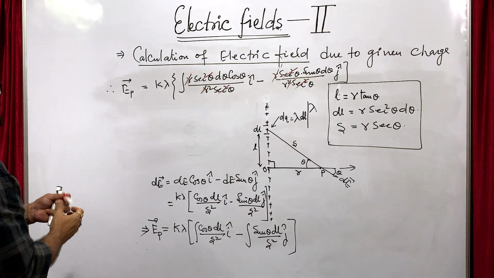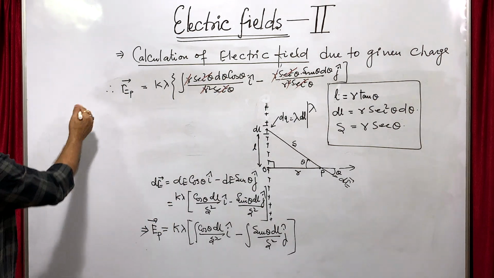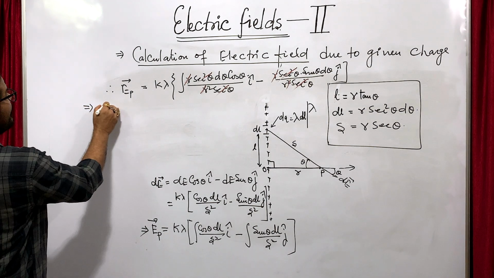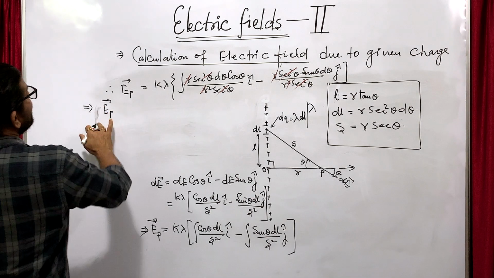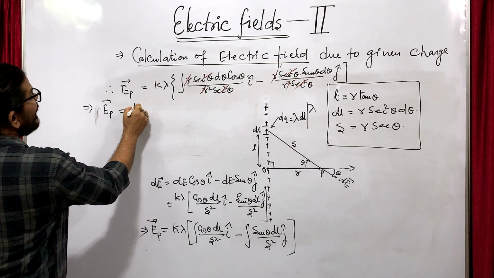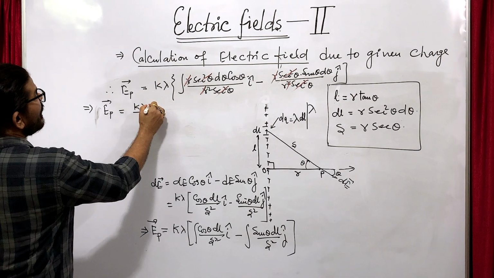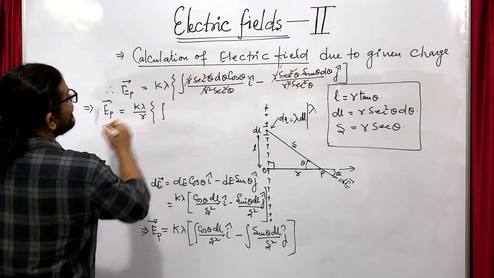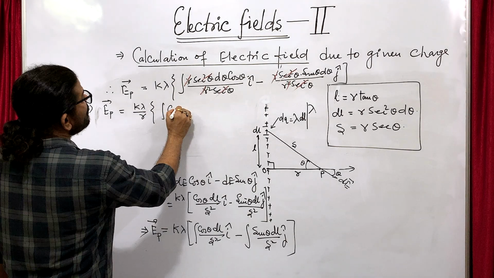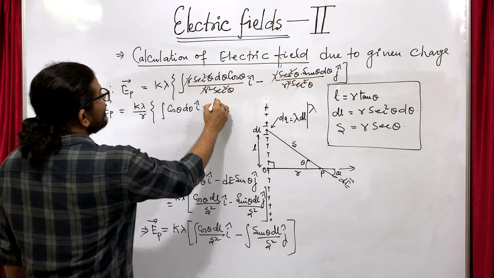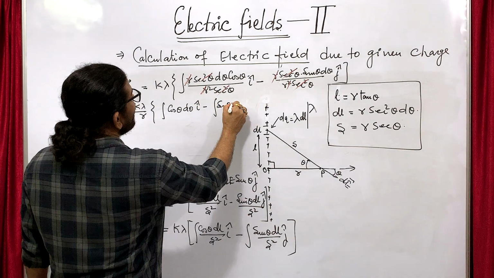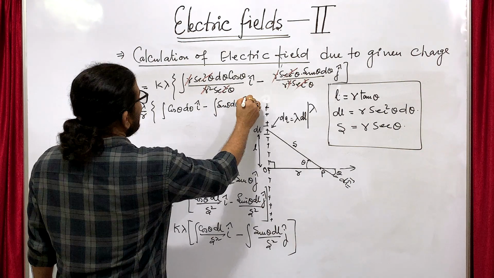So now we are left with EP equal to k lambda divided by r into the integral of cos theta d theta i cap minus the integral of sine theta d theta j cap.